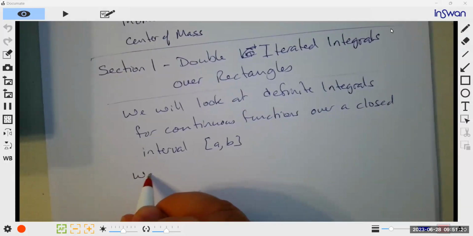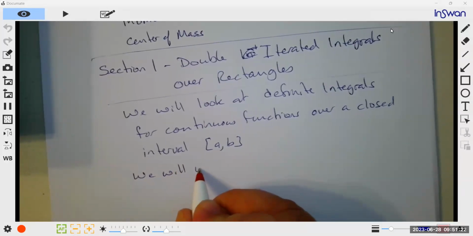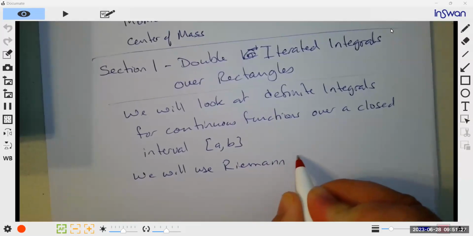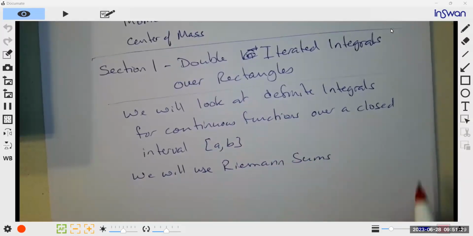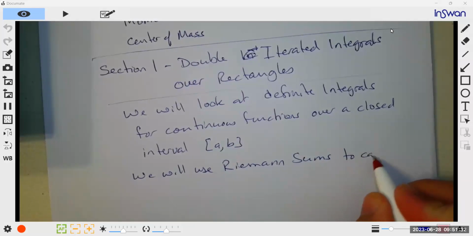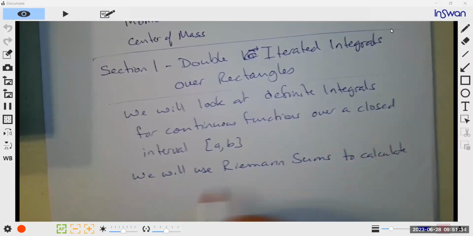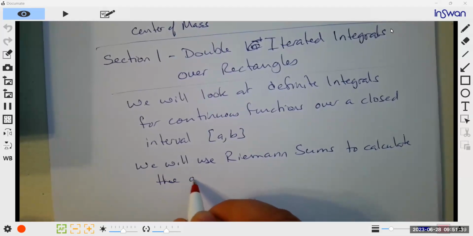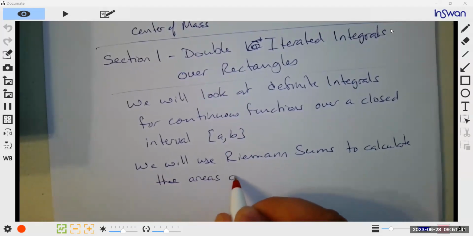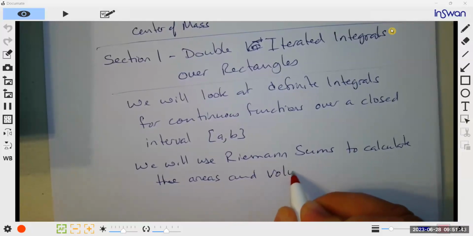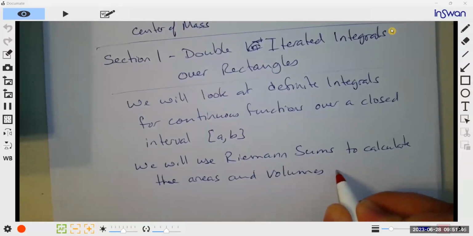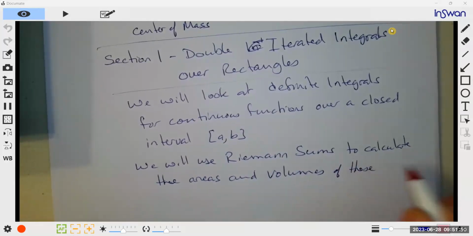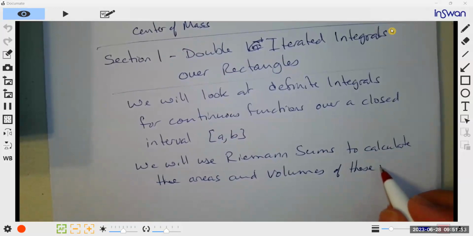As in calculus 1, we will use the Riemann sums to calculate the areas and volumes of these rectangles.